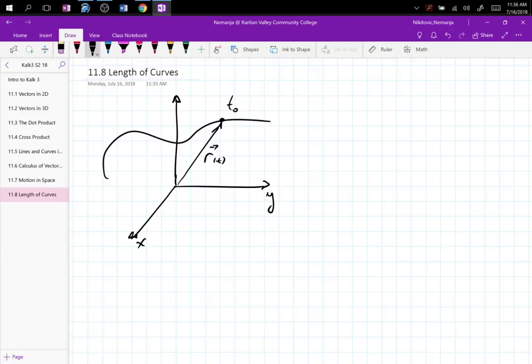Length of the curve would be the distance traveled in space. So now what I can do is use the concept from Calculus 2 and upgrade that into our Calculus 3 formulas that we are going to need.